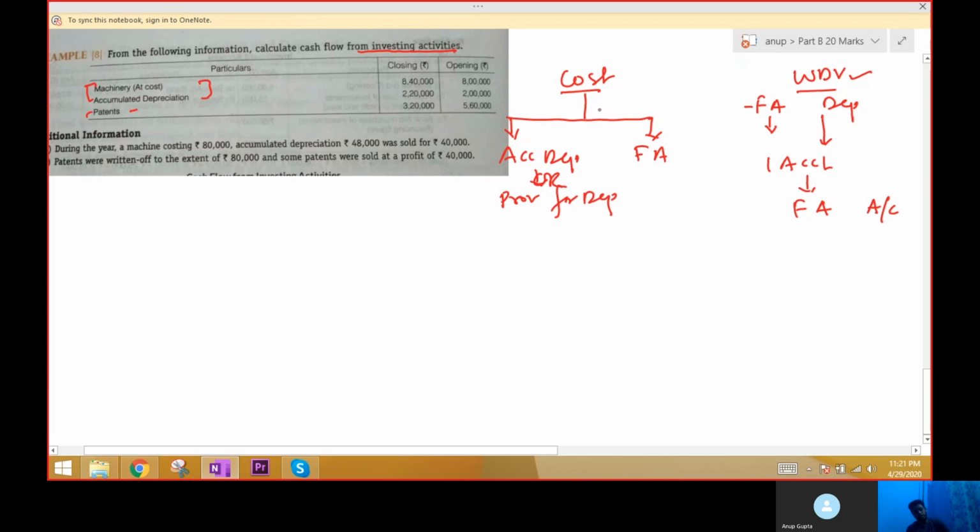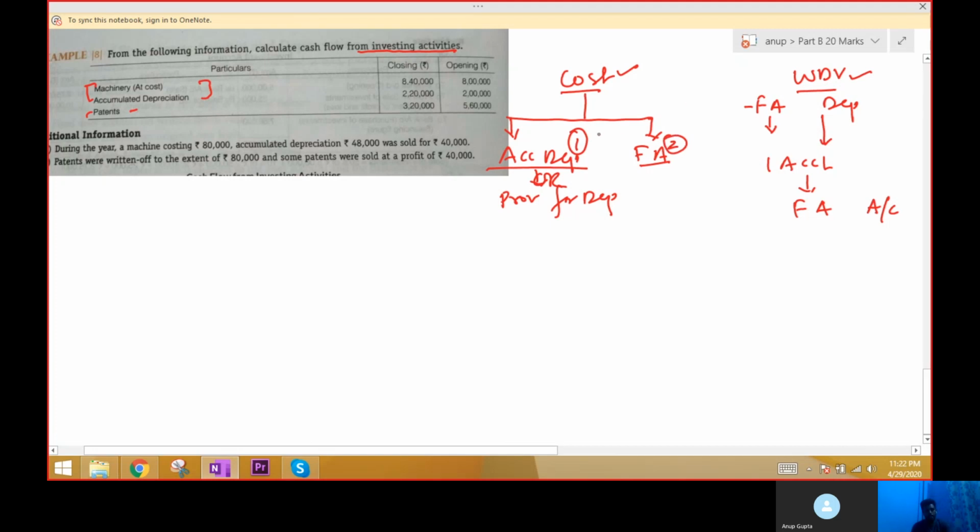When the value of the asset remains intact and the depreciation is maintained separately, that means they are recording the asset on cost basis. In that case, we make two accounts, fixed asset and accumulated depreciation. However, it is always preferred to make the accumulated depreciation account first and then the fixed asset account.